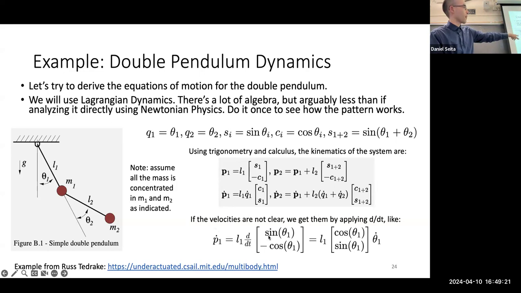So sine goes to cosine, cosine goes to negative sine. And then this is the chain rule, because all the theta terms are functions of t. So you would have d over dt of theta 1 of t. Or if you want, you can put in a one here.